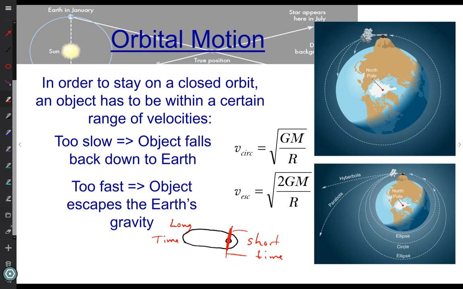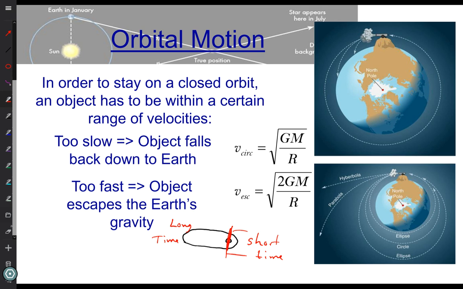Now, the escape velocity. We talked about Newton's idea that, if I roll the ball slowly off the table, it just falls close to the table. Roll it faster, and it falls farther away. Well, if I rolled the ball super fast, it would go miles away before it hit the ground. But with the Earth curving, it could actually go too far and get away from the Earth. In that case, it's no longer orbiting.